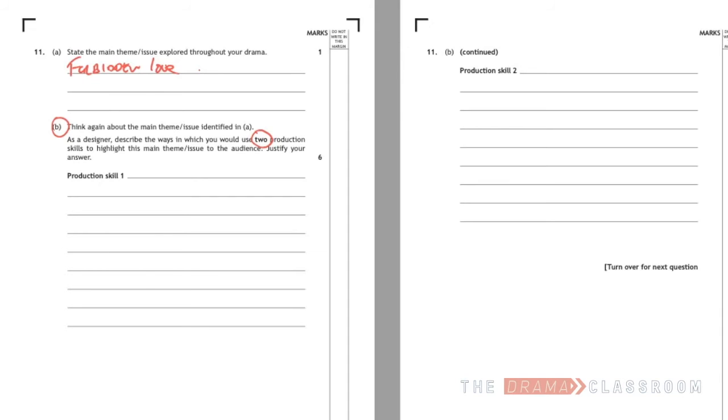Justify your answer. Now, as you can see across the page here, there's your production skill 1 here, and there's your production skill 2 here, right? So this is asking you to put down here a production skill 1, and then a production skill 2.